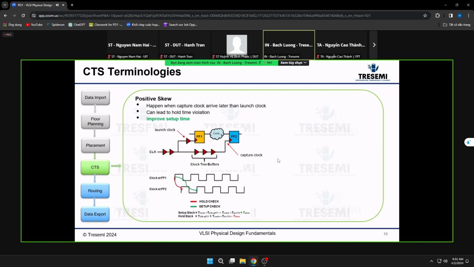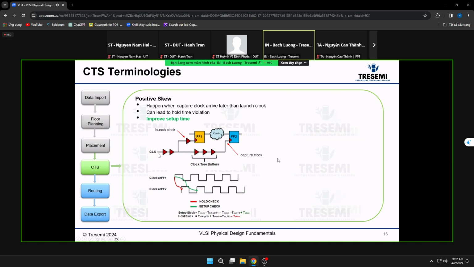Okay, there's a concept of positive skew and negative skew. So what is positive skew? Because we learned about clock skew, right? Launch, capture. You have an insertion delay for the launch and an insertion delay for the capture. The difference between the two is the clock skew. Positive skew happens when the capture clock arrives later than the launch clock.